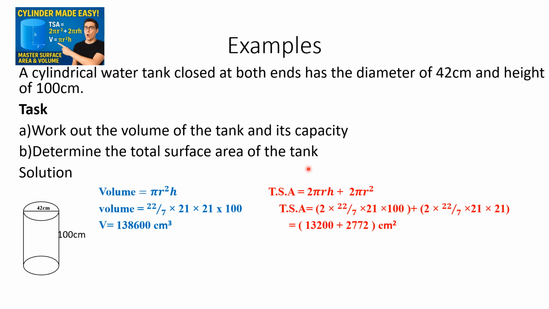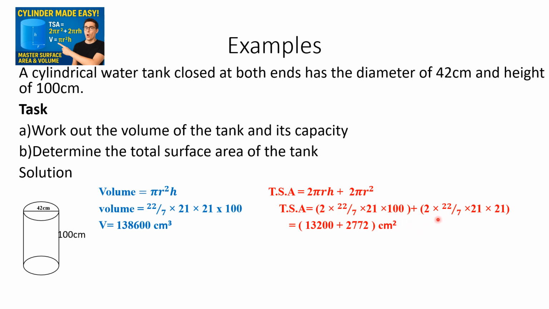Then also total surface area. We have said that this is a closed tank, so we expect to consider the 2 circles. So the total surface area of a tank is the area of the curved surface, or lateral surface area, plus the area of 2 circles. And here we have 2 times 22 over 7 times 21, then times 100. This is the area of the curved surface, or lateral surface area.